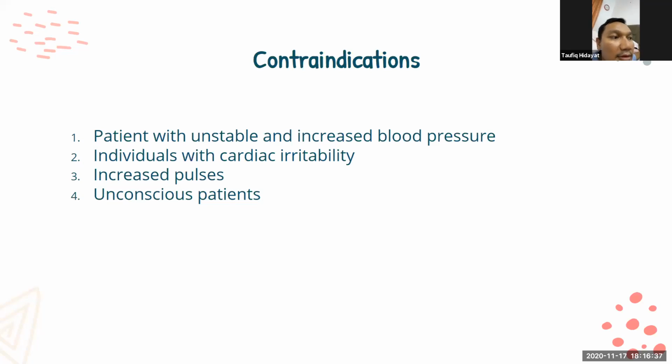Unless, in a severe asthma attack, for example a severe exacerbation, we call it rescue nebulization. Sometimes the MDI is not that effective in delivering the medication, because usually the dose is quite small, one puff is only 100 microgram.